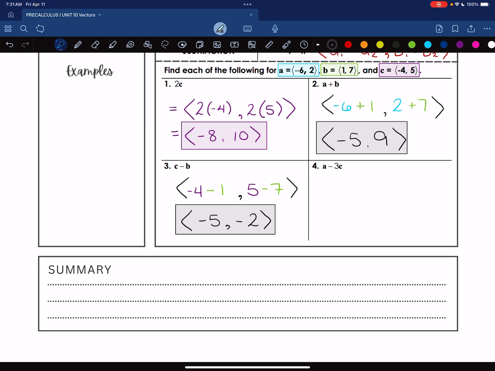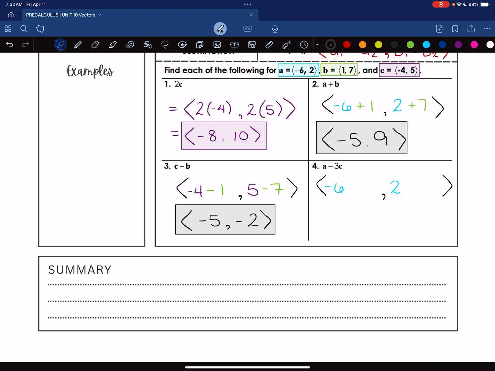And lastly, what do we have here? A little kind of combination of all of this. What we're going to be doing now is both scalar multiplication and subtraction. So what we have is we're going to take our A vector, which I'm going to go ahead and write that out. We're going to take A. Let me separate this out. A was in light blue. So that is -6 and 2.